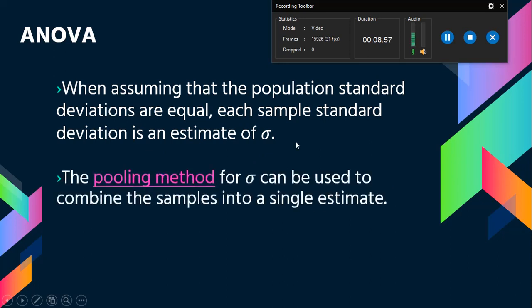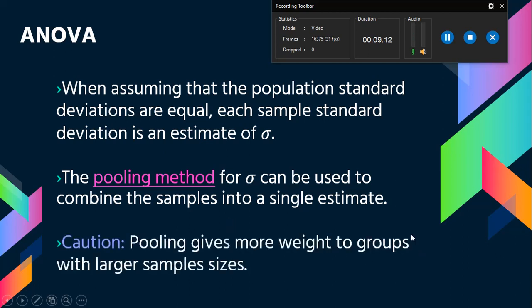If we assume that all the standard deviations are the same, it makes sense then that we use a pooled method for sigma. So we're going to combine all of the samples into one single group and go from there. When you pool, you just have to be careful. If you have unequal sample sizes, and quite often you will, a sample size that's larger, say has 50 samples, will have more weight in the pooling process than a group that only has 10 observations.